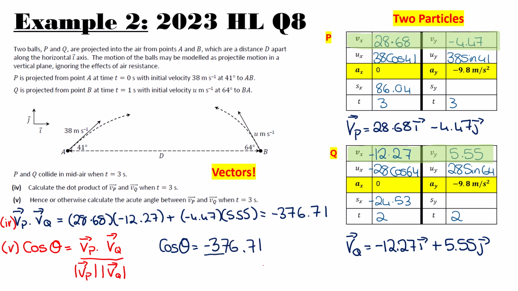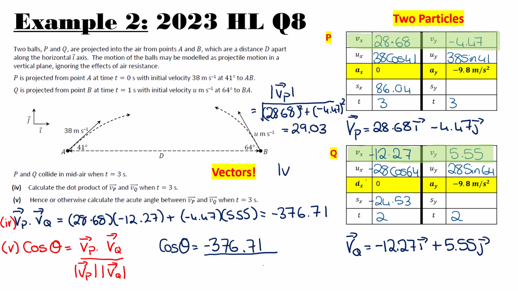376.71 all over. Now, if you want to get your magnitude separately, that's absolutely fine. We're working with the square root of 28.68 squared plus minus 4.47 squared, and that gives us about 29.03.